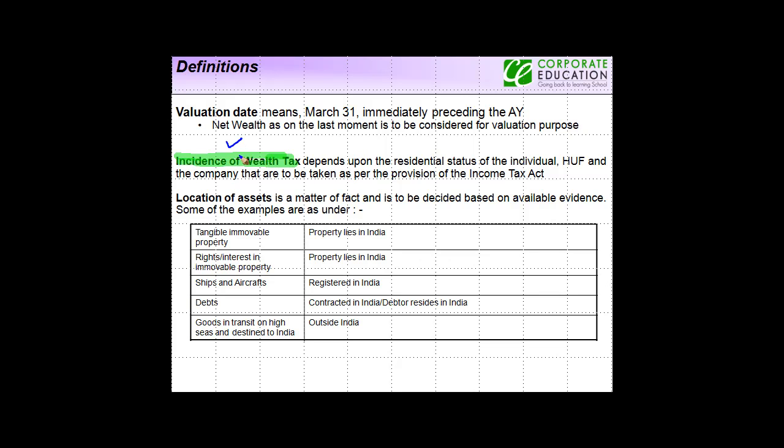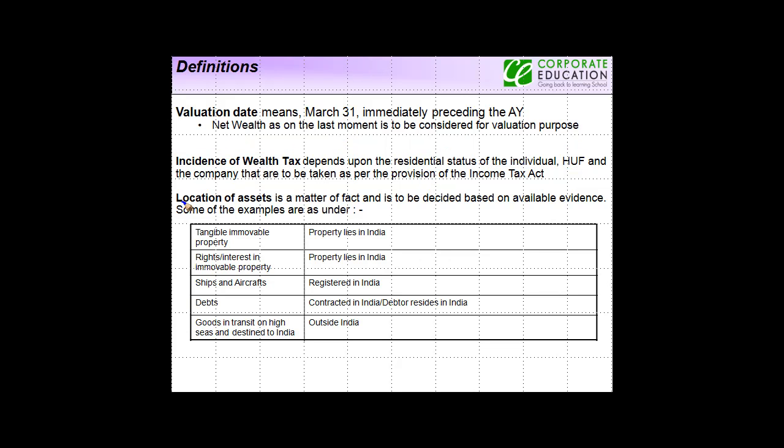Similarly, even the incidence of wealth tax depends on the residential status of the individual, HUF, and the company. Now, how this impacts each one of them, we are going to see in detail. But insofar as your incidence is concerned, that is affected by the residential status of various categories of people.